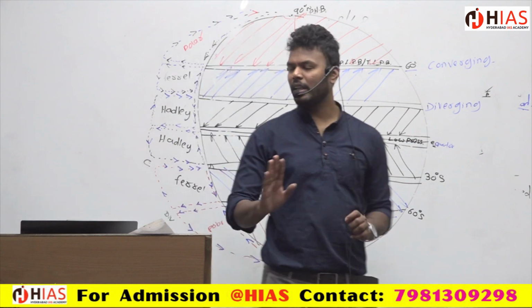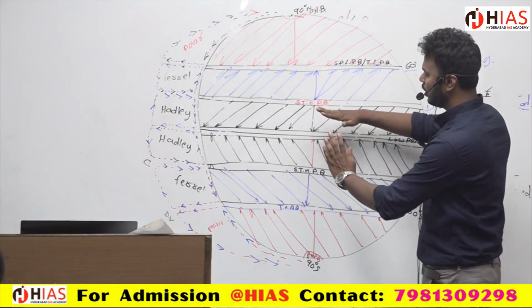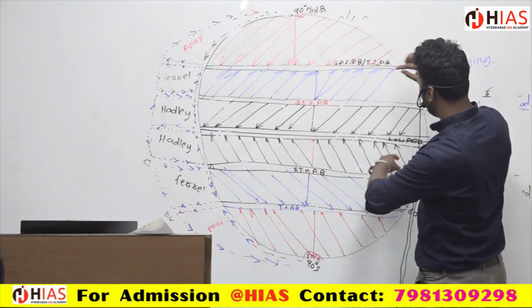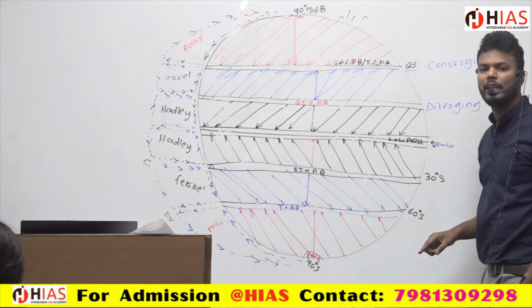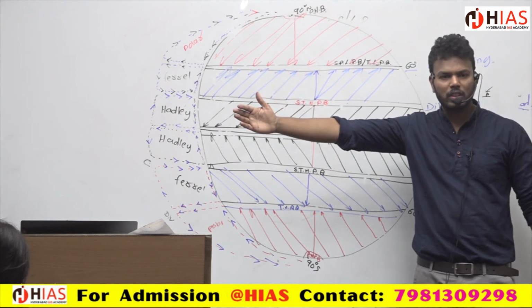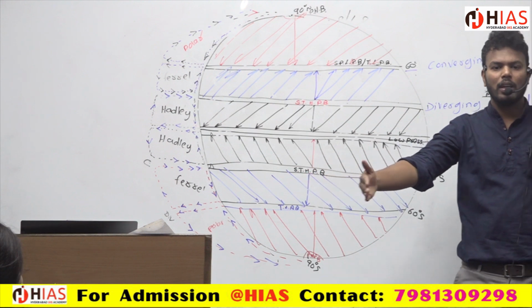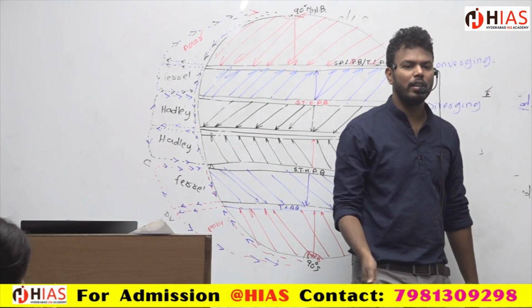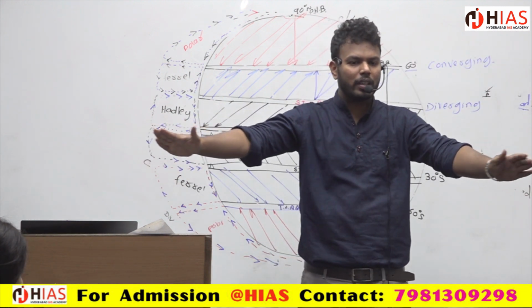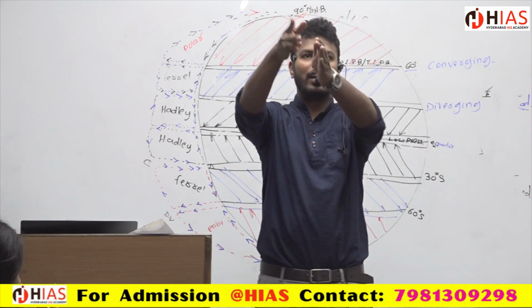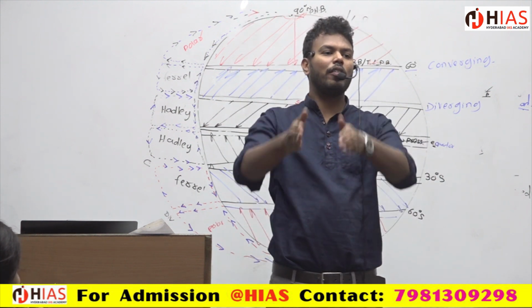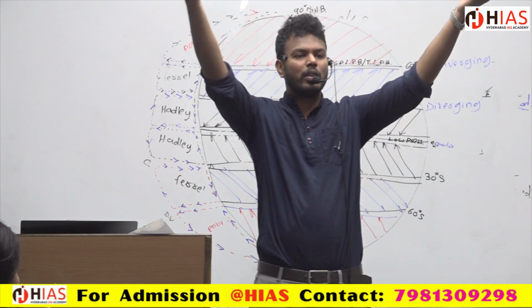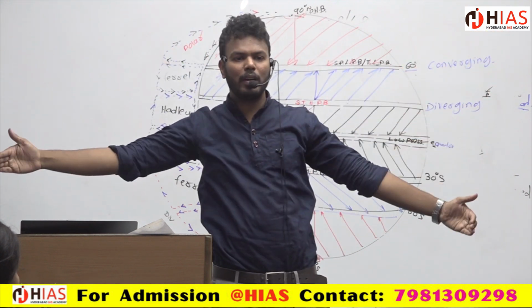Okay, in a nutshell, I'll just tell you. Take 30 degrees north to 30 degrees south. Just imagine that is 30 degrees north, that is 30 degrees south, and this middle way is the equator. All the winds come together and rise over here, up to the tropopause. After reaching there, they deflect again and come down.